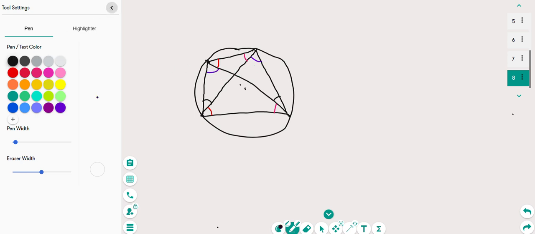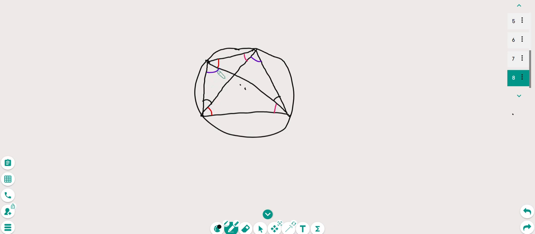The whole reason is that they are opposite the same arcs. For example, look at this purple one, it's opposite this arc from this point to this one. The measurement of the angle is the length of the arc divided by 2. And the same with this purple one here. This is to keep in mind.